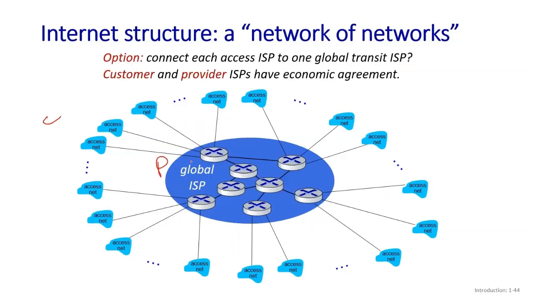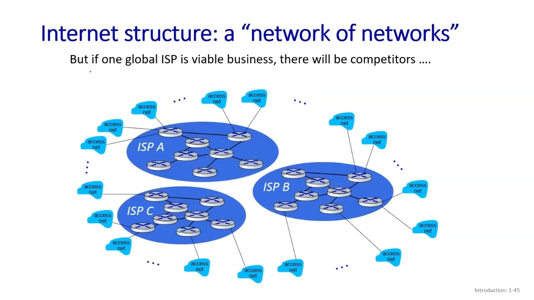So if we have only one single ISP which is providing services in turn for money, it's a viable business. Of course, we would end up having competitors in this business.